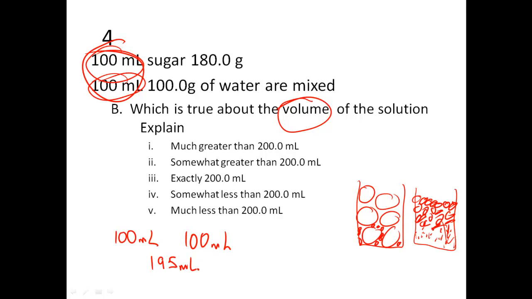And actually, we'll look at another example where it's the result of a chemical reaction where we add 100 milliliters of one chemical and 100 milliliters of a second chemical, and we come up with 101.8 or so, 102 milliliters. So volumes, you can't just add them together. I don't know what you're going to decide is the best answer, but it's going to be one of those.